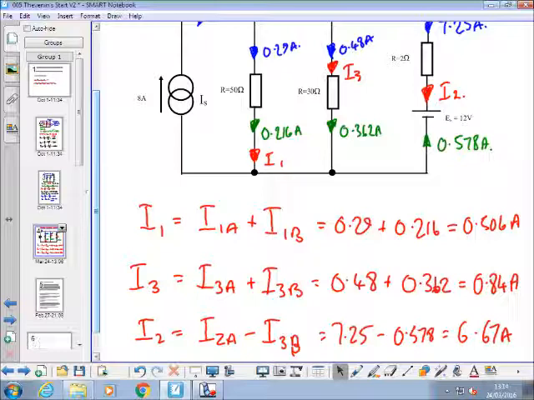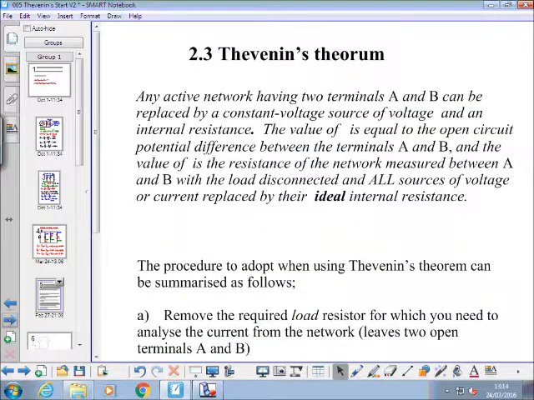The next part is Thevenin's theorem. Okay? I've got Thevenin's theorem in words, a bit wordy, and it will become a lot clearer when we actually do an example. Any active network having two terminals A and B can be replaced by a constant voltage source and internal resistance.